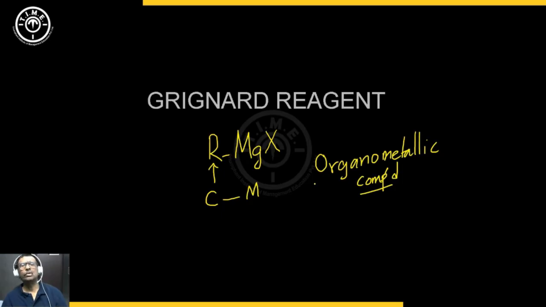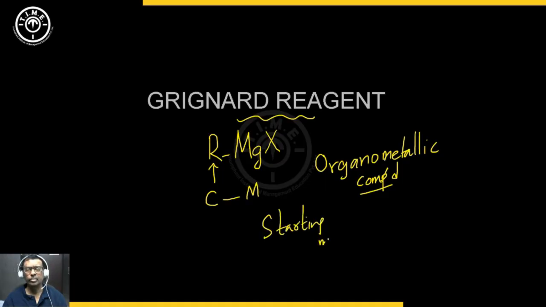What is so special about this Grignard reagent and its reactions is that it not only benefits the student who is going to prepare for the board and the entrance exams, because lots of questions will come from the Grignard reagent. It also is useful for the chemist because Grignard reagent is a useful starting material.